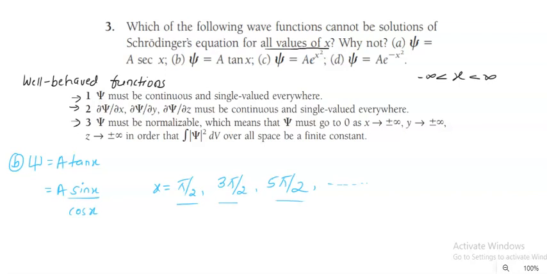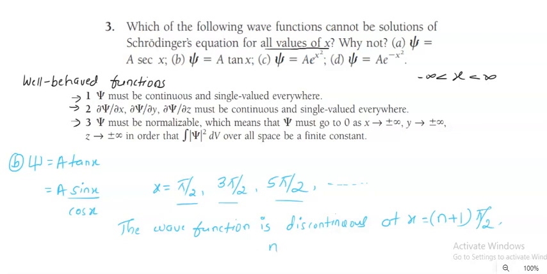In general, we can say the wave function is discontinuous at x is equal to (n plus 1) pi by 2, for all n is equal to 0, 1, 2, 3 and so on.